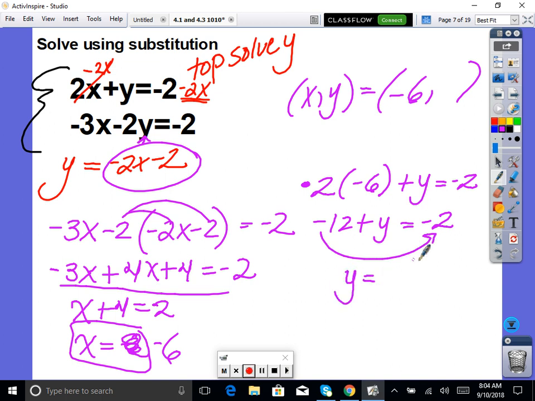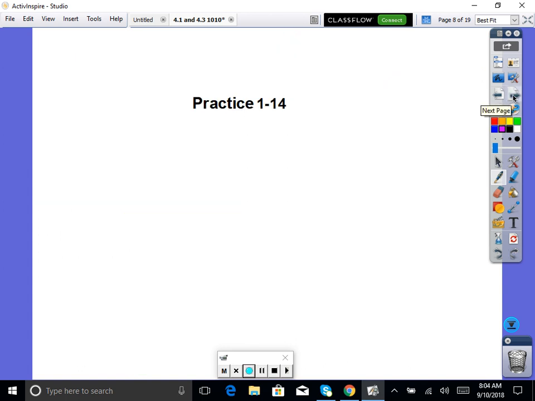So y is equal to positive 10. Now guys, let's say you were desperate on the test and you're like, did I do that right? You could graph it and look with your eyeballs if that's where they intersect. Does that make sense? You show your work this way because I'm telling you to use substitution, but let's say I gave you scratch paper, you could do that on graphing paper. Okay, practice a few of those before we practice more with the elimination.